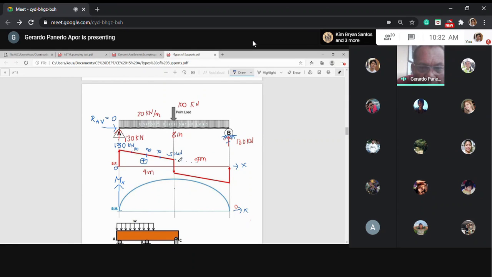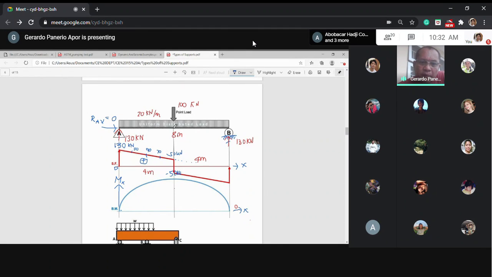So you have a positive area here, so you have 100, so you have 50. That is only 50, so it goes further negatively, so this will become negative 50 kilonewton. Okay. So naka-negative 50.